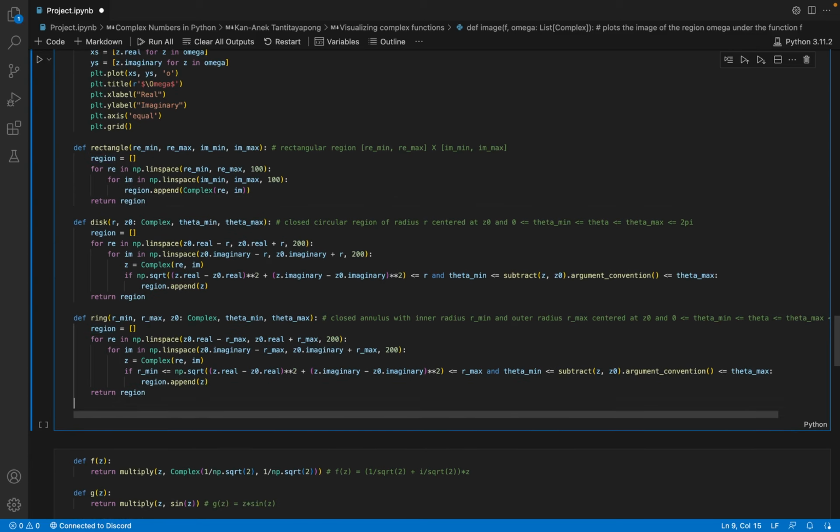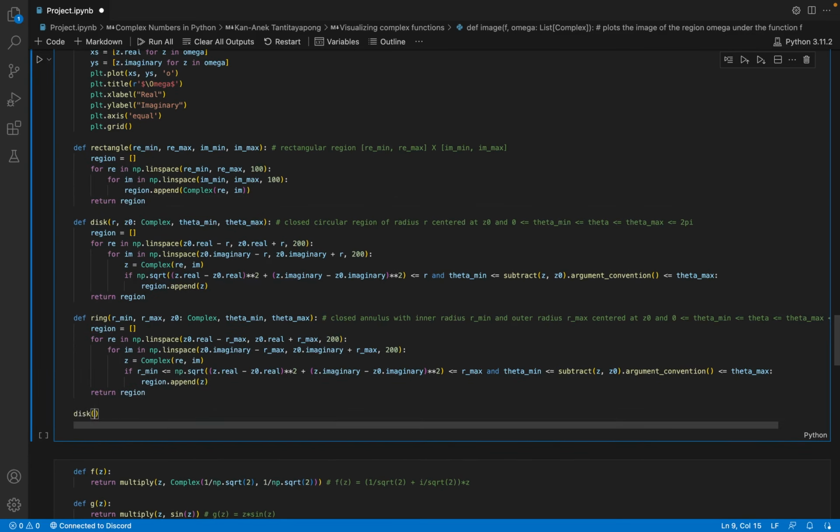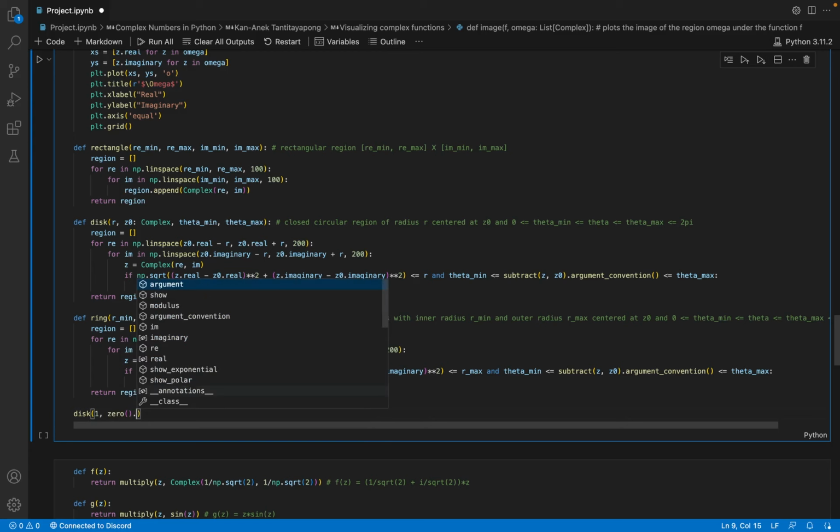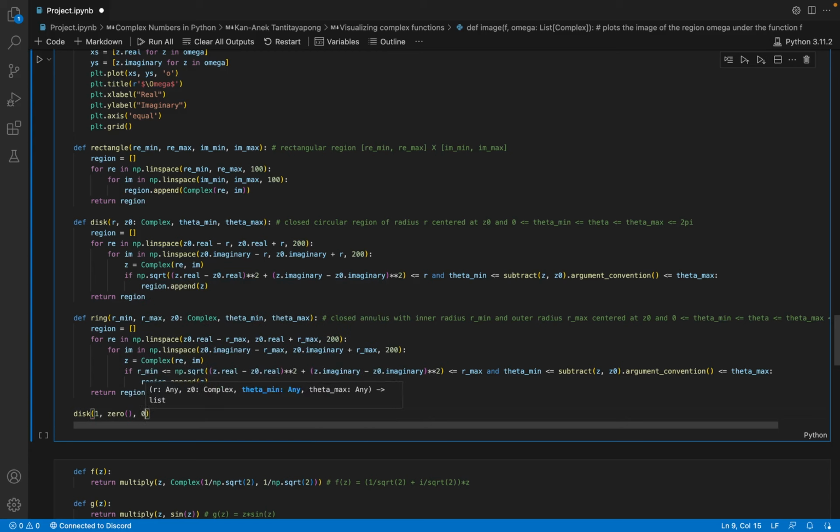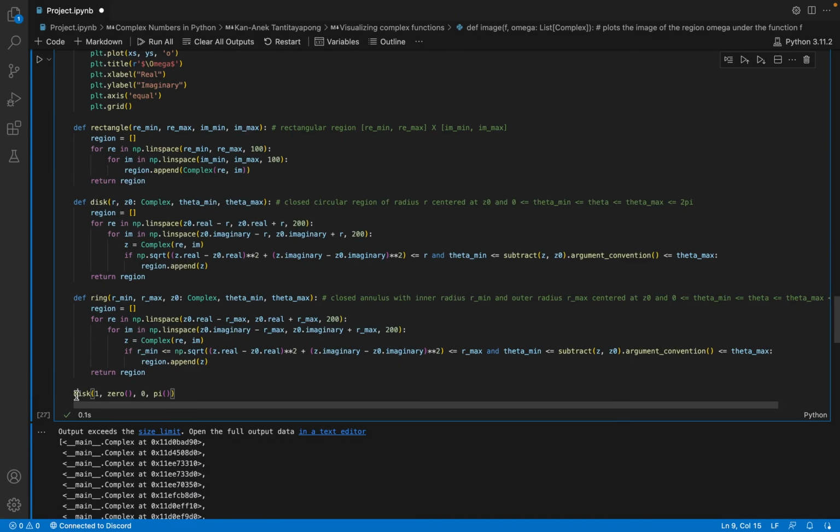As an example, let's say I want a disk of radius 1 centered at the origin, and let's make it a semi-disk, so theta runs from 0 to pi. And let's plot this.